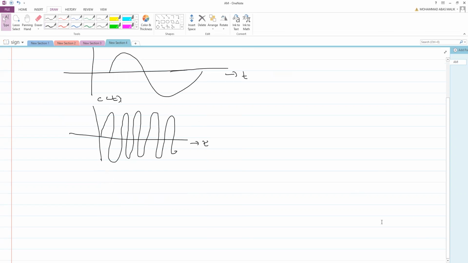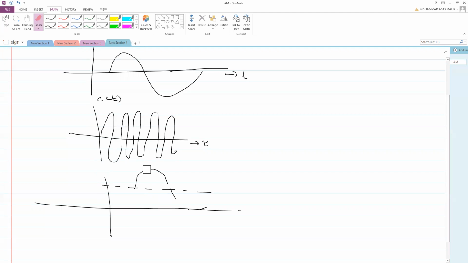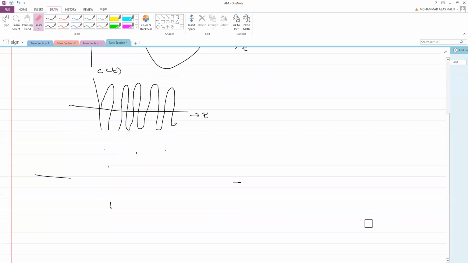Okay, and then since after modulation you will get two side bands in the form of this, so you have the signal like this. Wait a minute, I will draw the graph properly.